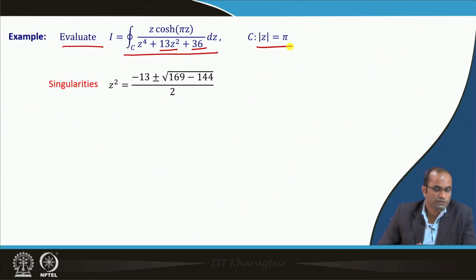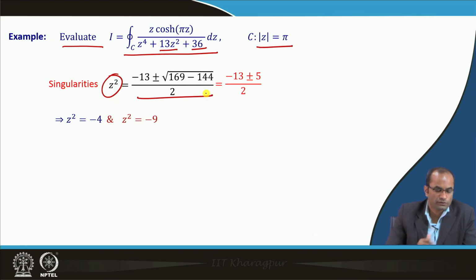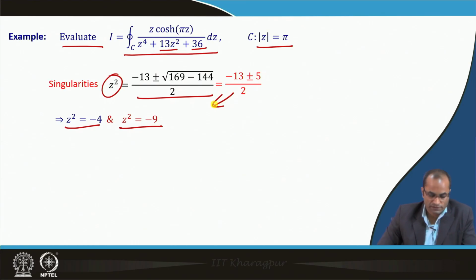Coming to the singularities, this is a quadratic equation in z square. We can just solve it, and we observe that z square is equal to minus 4, z square is equal to minus 9. These are the two equations coming out for z square.